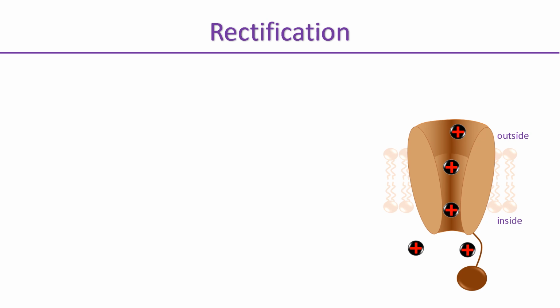A property of ion channels that can be hard to get to grips with is rectification. The term is derived from rectifiers in an electric circuit. You make use of rectifiers every time you charge your tablet or mobile phone. The electrical supply at a wall socket is AC or alternating current, where the current continually alternates between positive and negative.